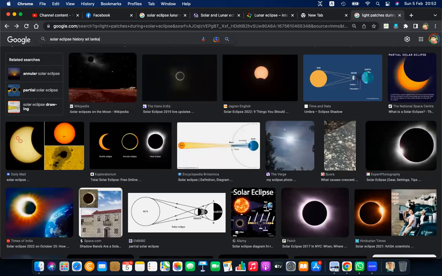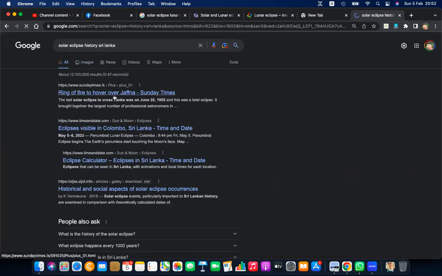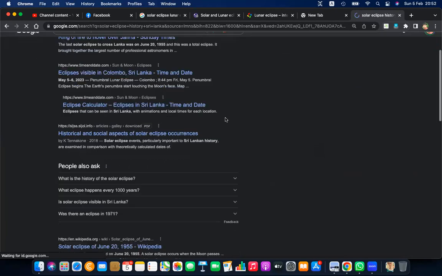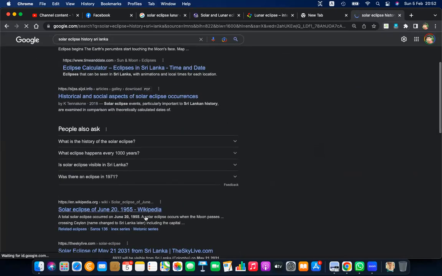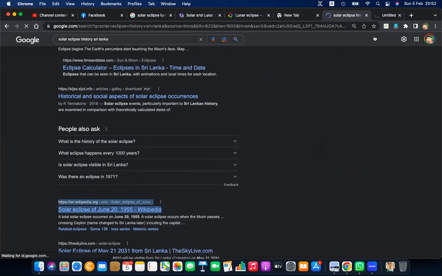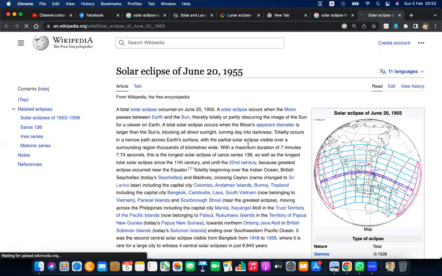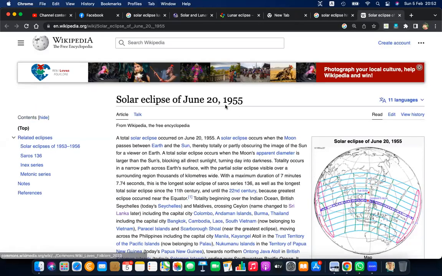So let's see whether your book is telling the truth or false. You can search. So yes, according to that, this is 1955, right?